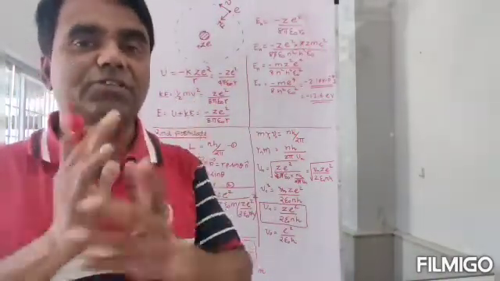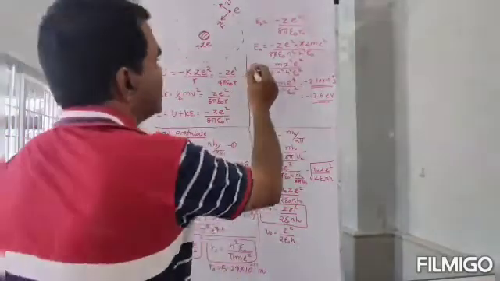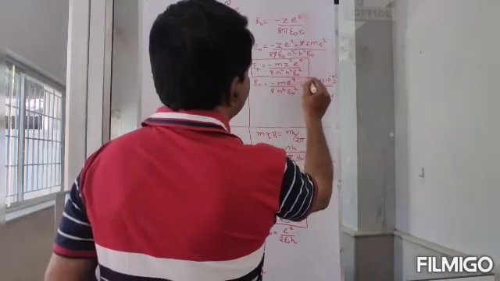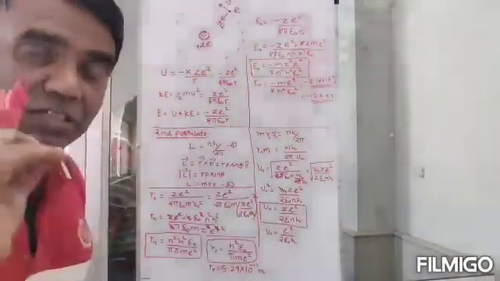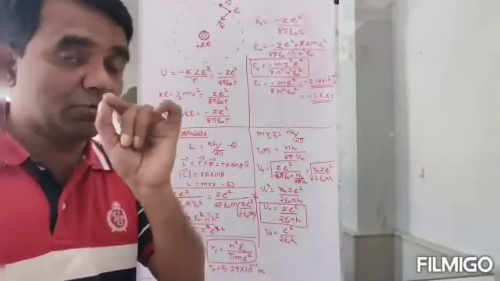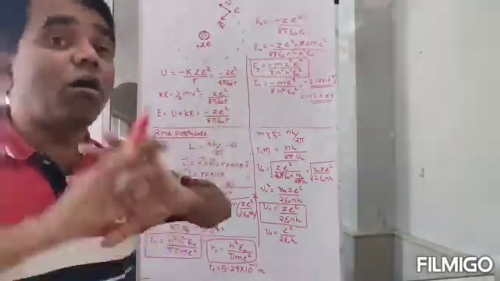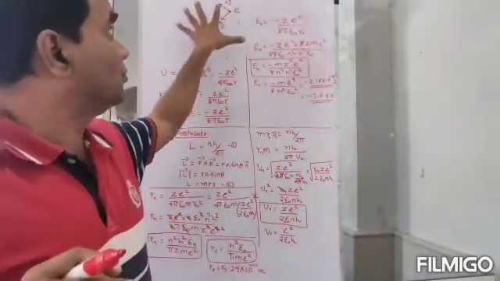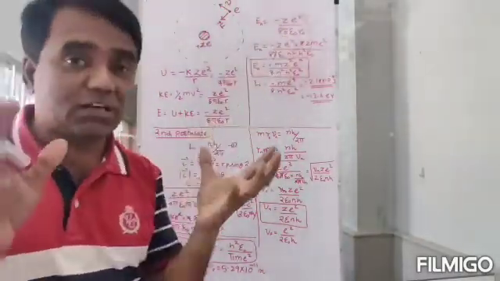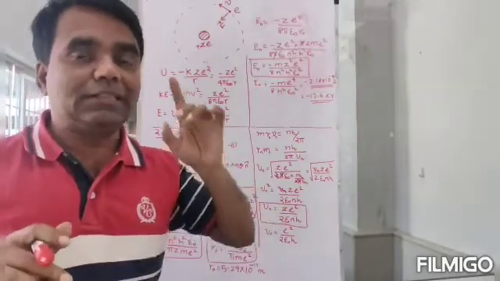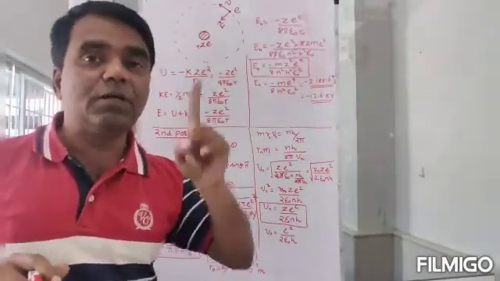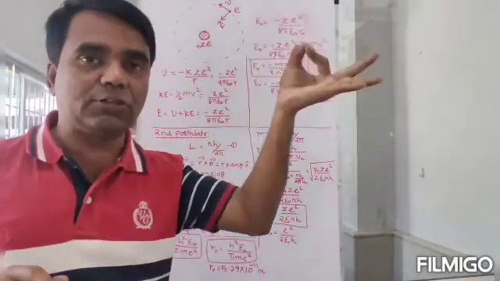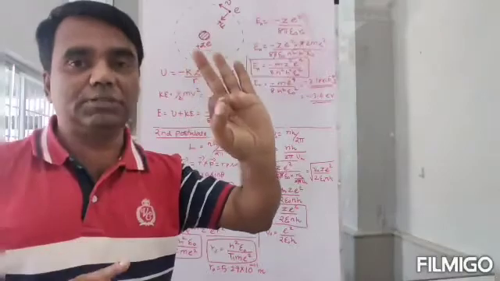That is for hydrogen. But this is the general equation for all hydrogen-like atoms. I keep talking about hydrogen-like. It's not true for all atoms, because in other atoms you have other electrons too, so this expression cannot be used. It can be used only for hydrogen-like things, meaning there is only one electron orbiting around the nucleus.